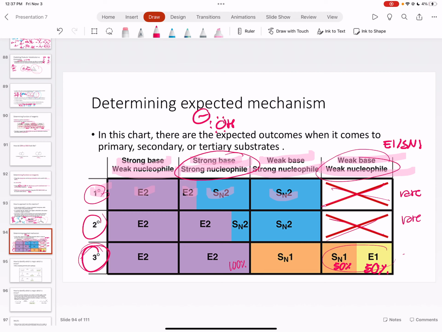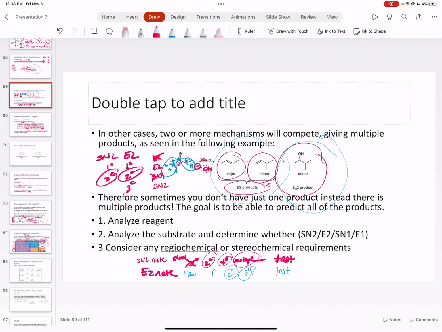And you can see how SN2 increases as we go from tertiary to secondary and primary, all the way back to the rates that we said: SN2 is fast on methyl, primary, secondary, and E2 rate is fast on tertiary, secondary, primary.